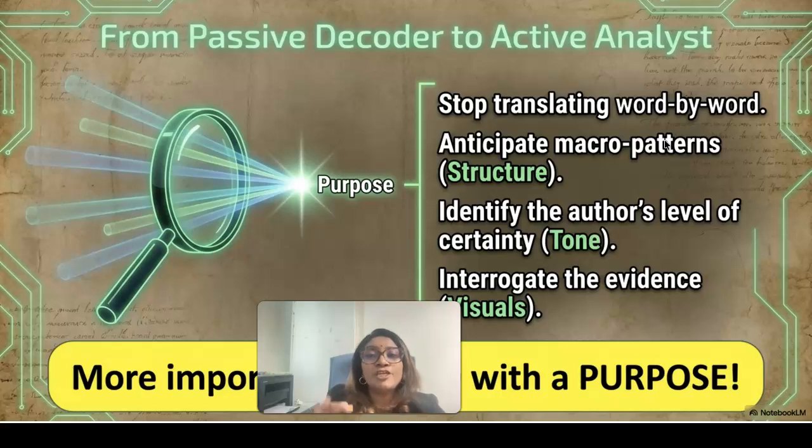Okay, but you look into the author's level of certainty. How is the data presented? How is it written? And then look at the visuals and try to engage. That means question the visuals and annotate in between, so that you can understand the text in depth.